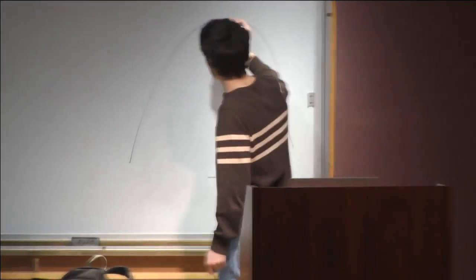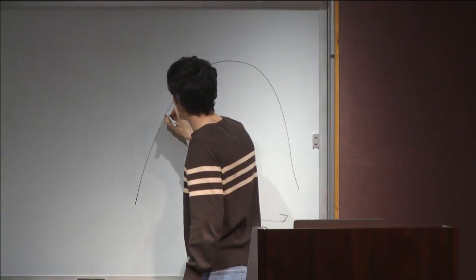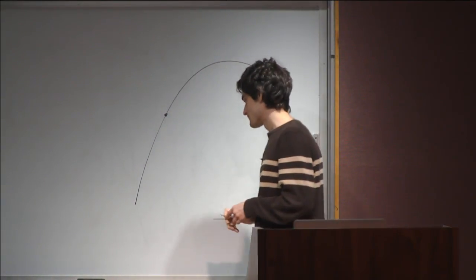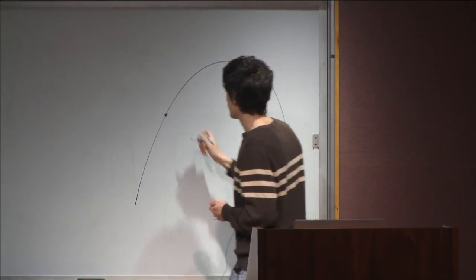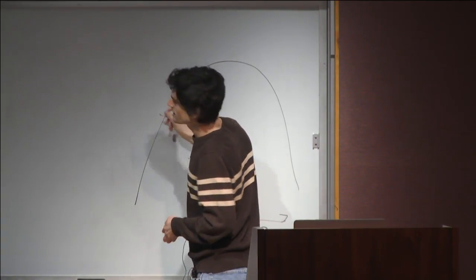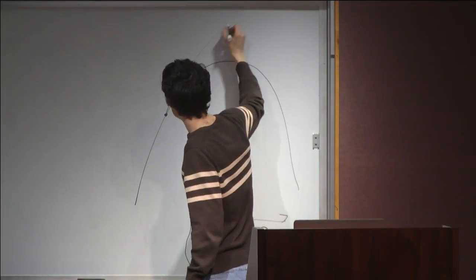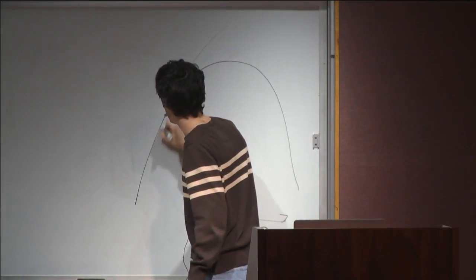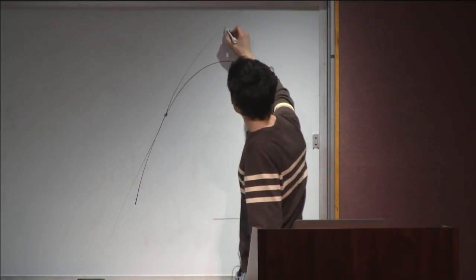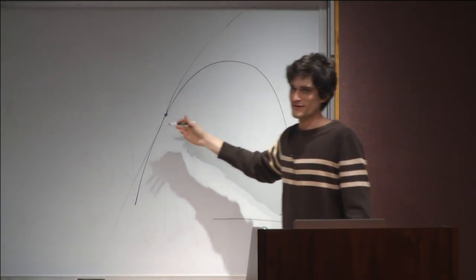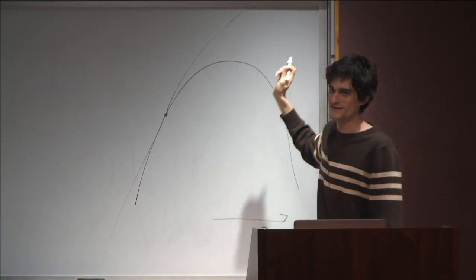This is your true objective function. Let's say we're starting over here. When we make our local approximation of the objective, maybe it looks like this. So it's got the right gradient, but if you maximize it all the way, you'll go out to infinity.